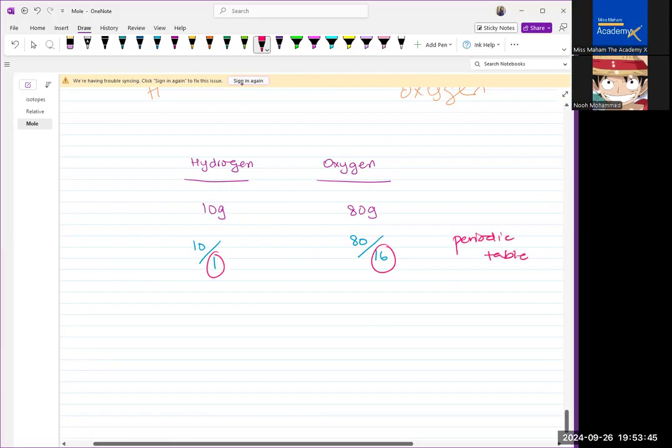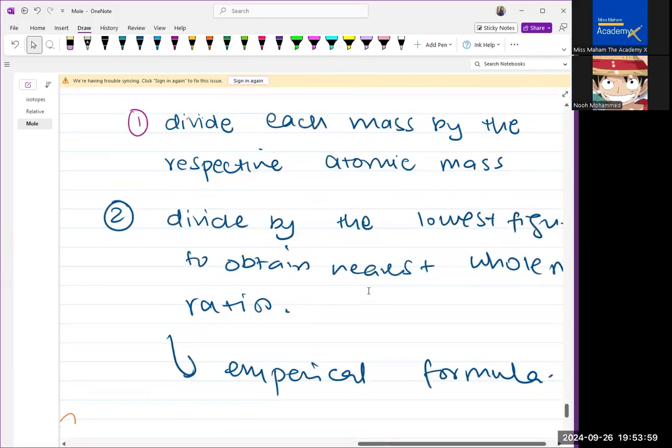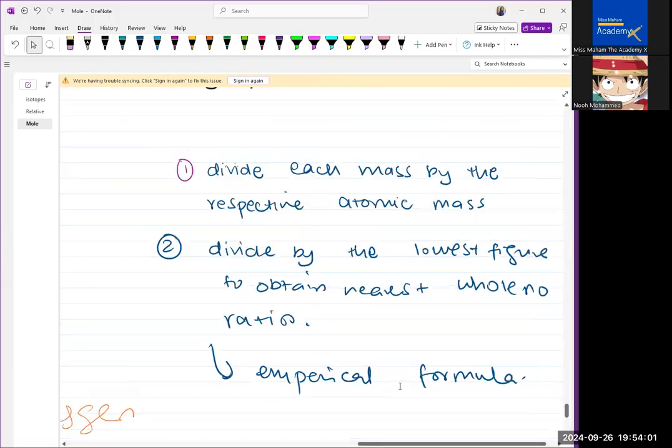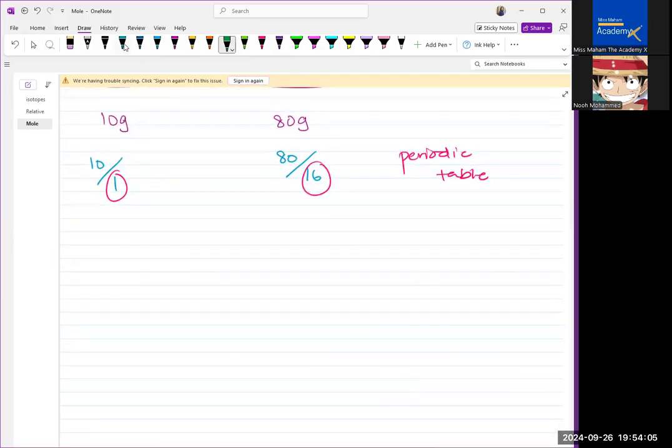Okay. Once you're done with this, what's the second step? Divide by the lowest figure to obtain the nearest whole number ratio. Now divide by the lowest figure. What do you get from here?